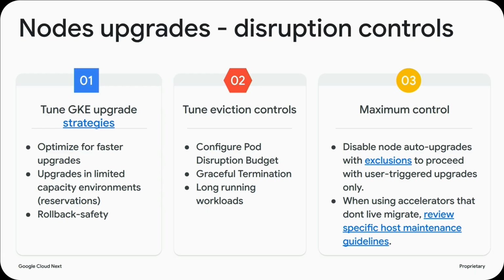And if you want to get maximum control, you can, again, use the exclusions that I've talked about before. That's how you get max control over node auto upgrade. And if you use accelerators that don't live migrate, you also need to be specifically careful here about the host maintenance guidelines and review that, because those are separate events.